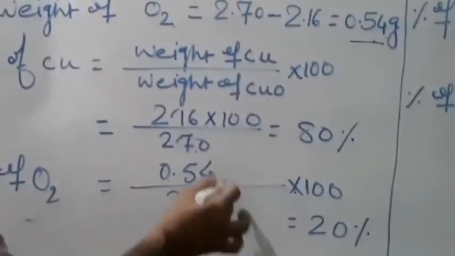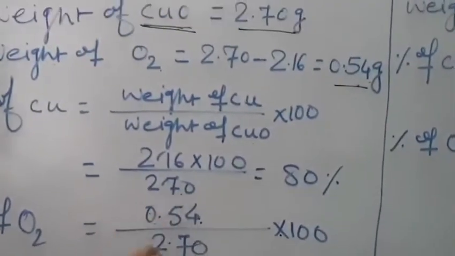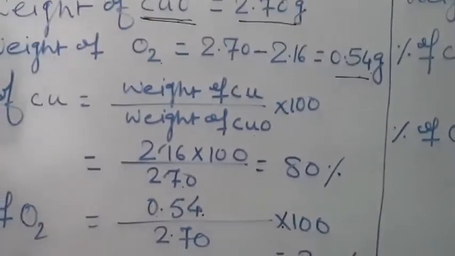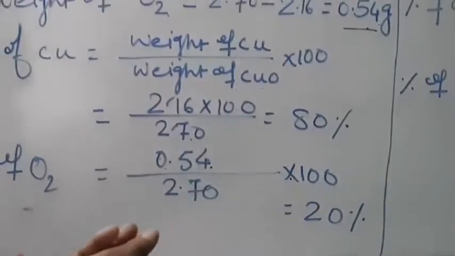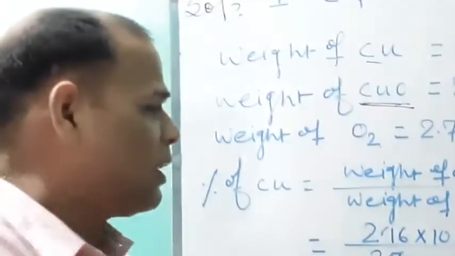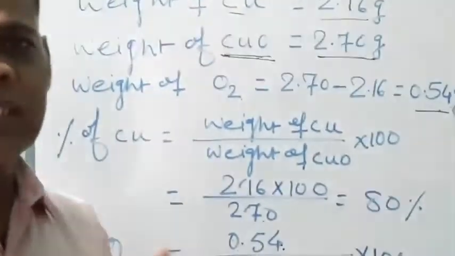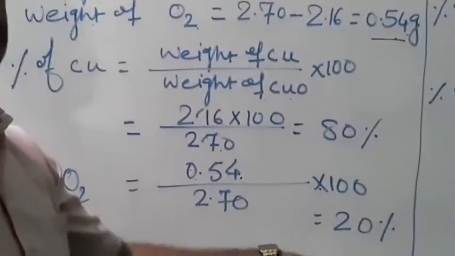When you solve it, it will come approximately 20%. So in the first experiment, the percentage of copper is 80% and percentage of oxygen is 20%.